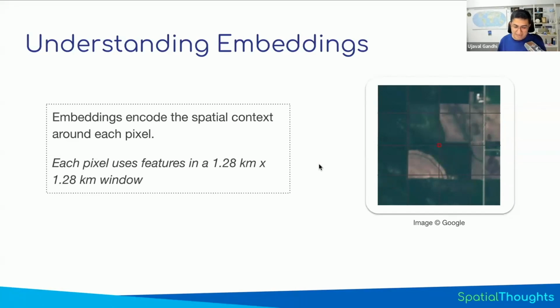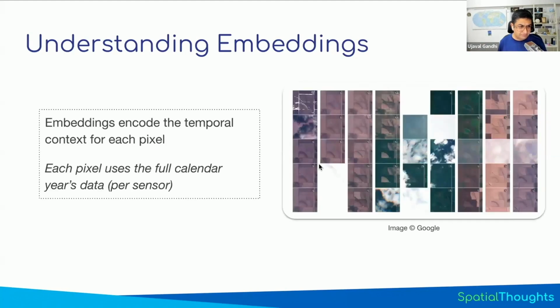But when creating embeddings, a spatial context was added to each pixel. That means when it was learning what happened in this pixel, it is also looking at what happened around the pixel in a 1.28 kilometer window. And that means two pixels with exactly the same values in all the sensors, but surrounded by different things, will have different embeddings. Very useful property that enables many interesting use cases.